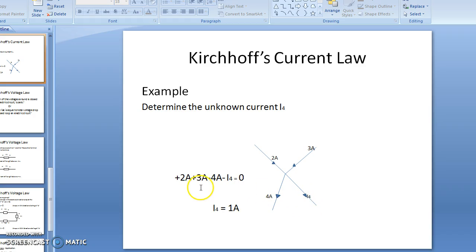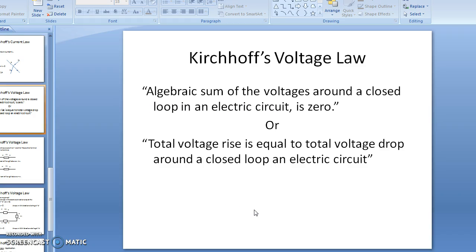So applying Kirchhoff's current law at this junction, it is plus 2 ampere, plus 3 ampere, minus 4 ampere and minus I4 should be equal to 0, which gives I4 is equal to 1 ampere. So this was about Kirchhoff's current law.